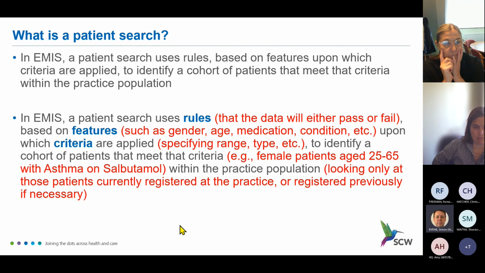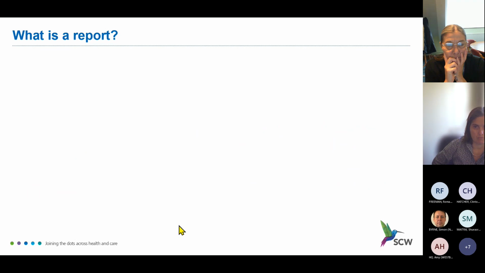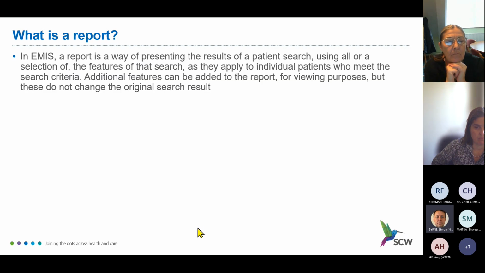Okay. I'm happy to share these slides, by the way, so if you want a copy of these slides, you're welcome to them. So we've talked about a search, and obviously the search will generate the group of patients, but then accompanying that or complementing that is a report. So what is a report? And again, a report is a way of presenting the results of a patient search.